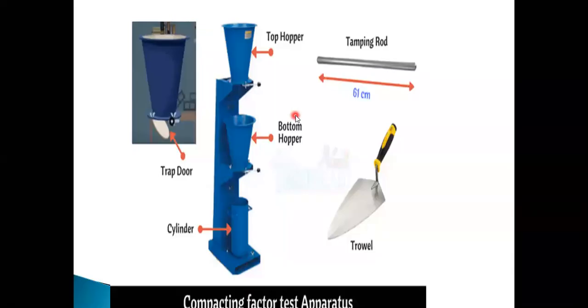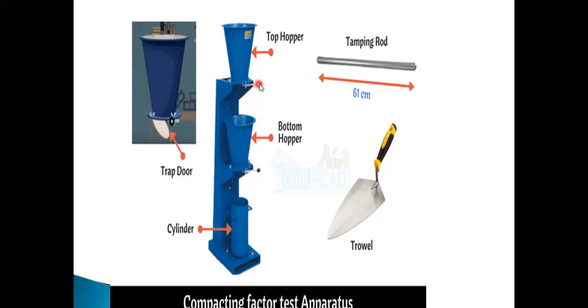This is another image showing the compaction factor apparatus: top hopper, bottom hopper and cylinder. The top and bottom hoppers contain a trap door, provided at the bottom of both hoppers.